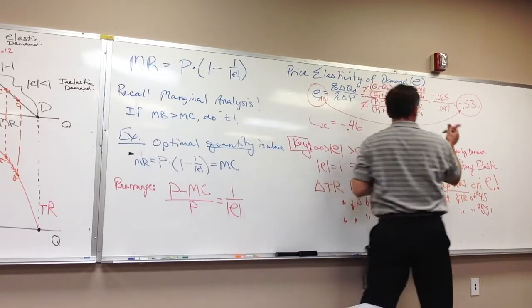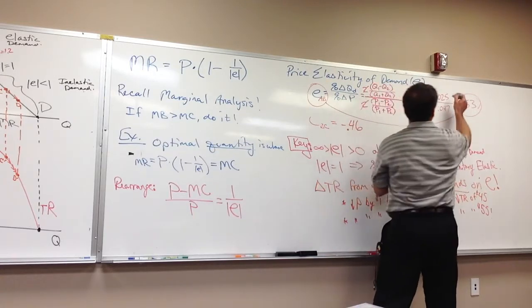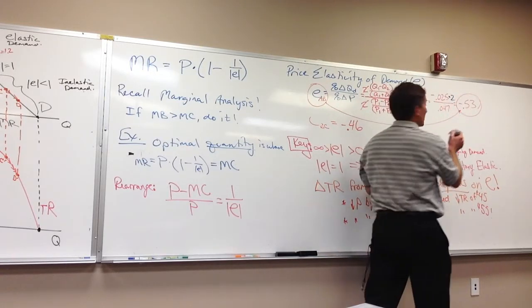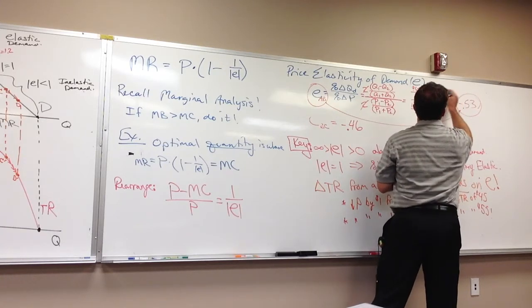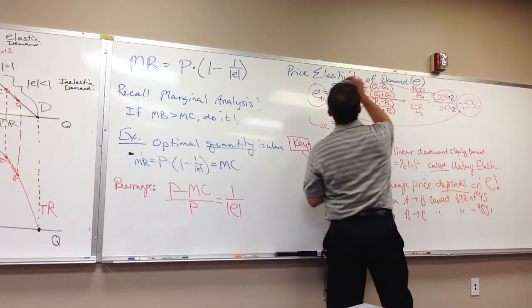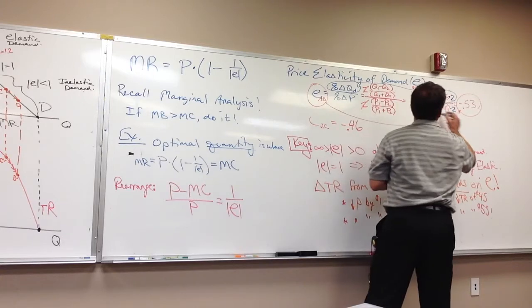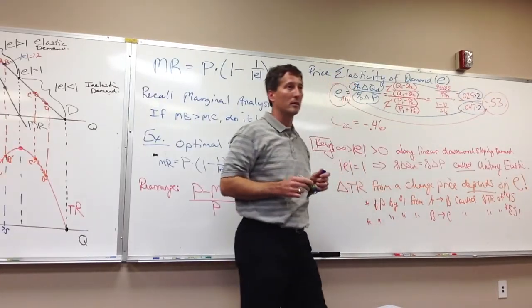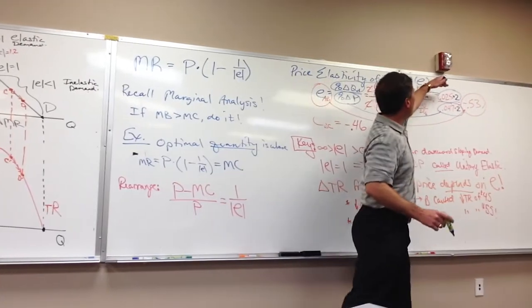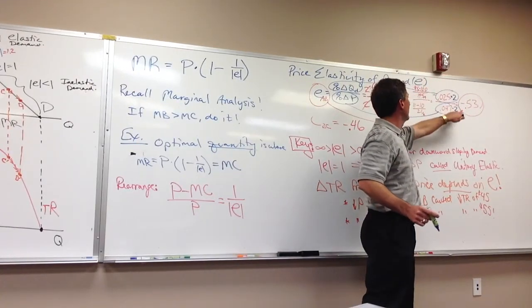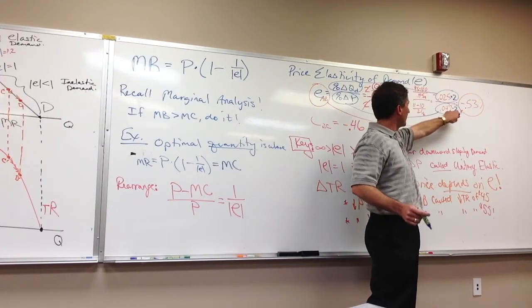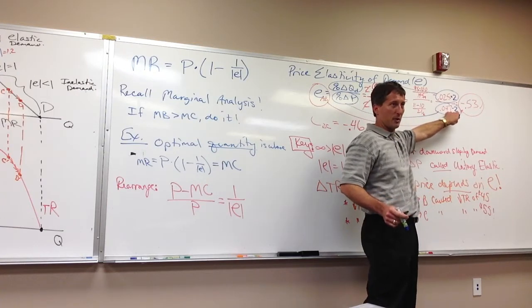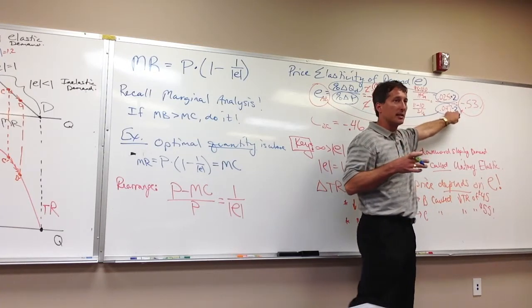So now if you take this times 2, it's actually a 5% change. This is totally legit. So it's actually a 5% change in price and a 2% change in quantity. That ratio is the right ratio.